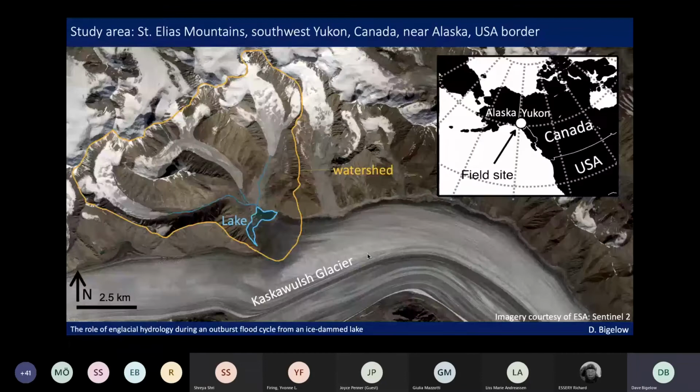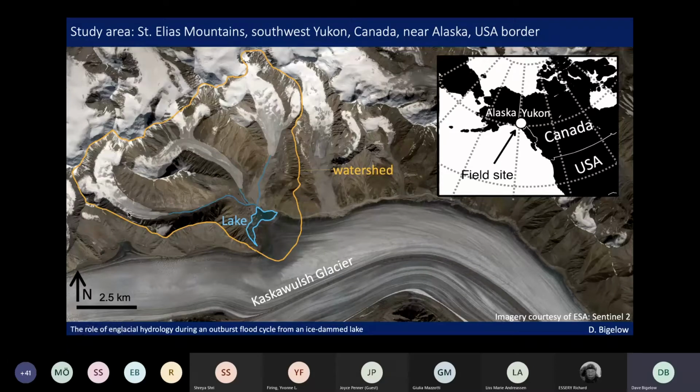The study area we're focusing on is in the St. Elias Mountains in southwestern Yukon, Canada, near the Alaska, USA border. We're situated on the Kaskawulsh Glacier. The lake is located on the north side of the glacier, and you can see here that it's fed by 3 upstream tributary glaciers.